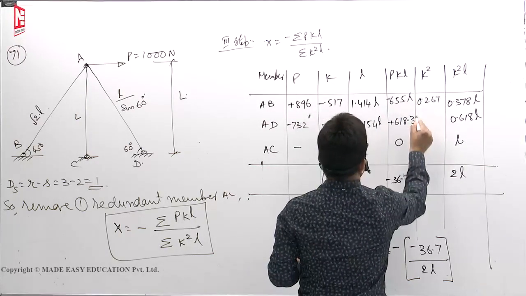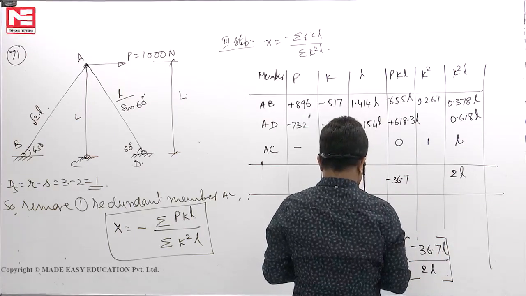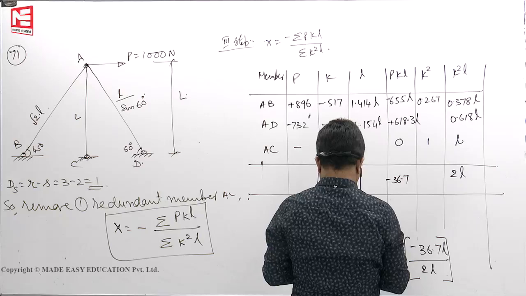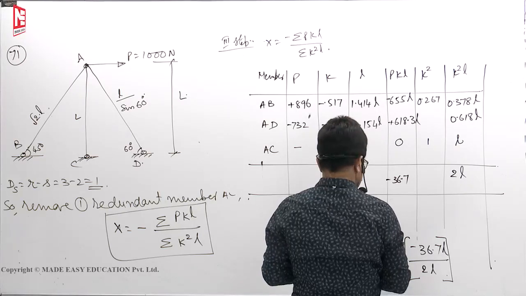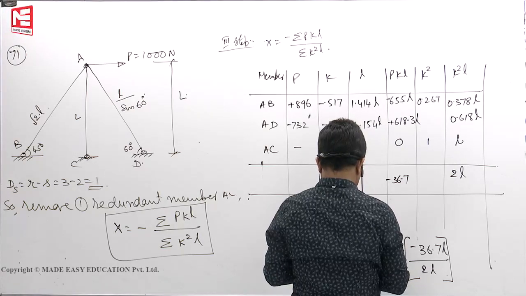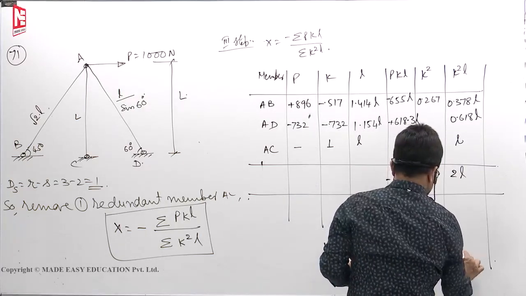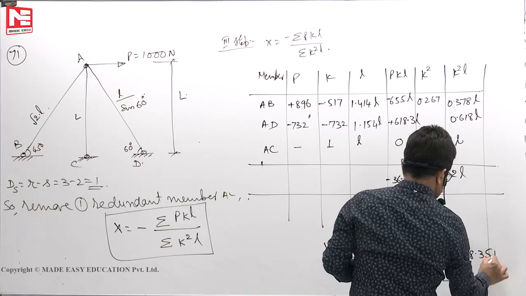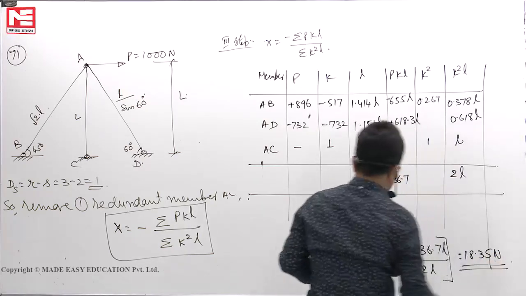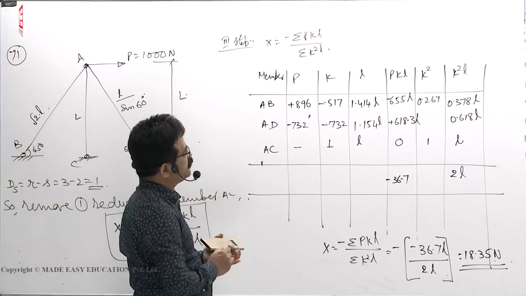Here 655L like this. So you will get 36.7, 18.35. So force in the redundant member you will get 18.35.